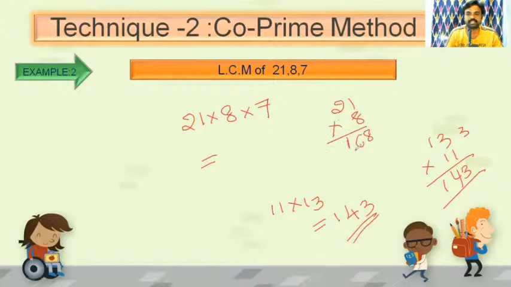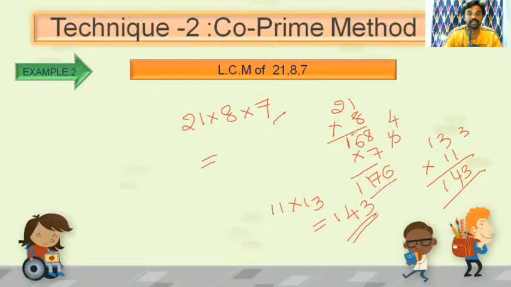And again, just multiply with 7. 7 eights are 56. 7 sixes are 42. 42 plus 5, 47. And 7 ones are 7. 7 plus 4, 11. So what is the answer, my dear friends?